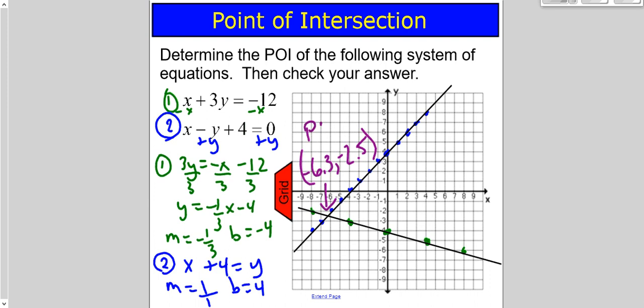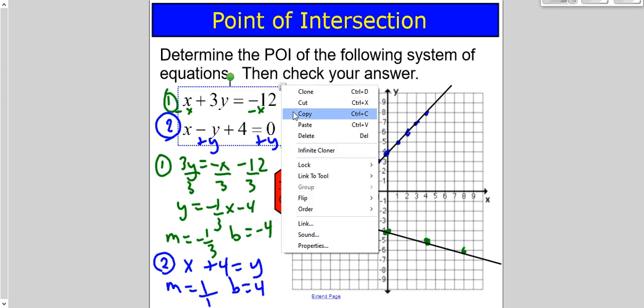Oh geez, this is why graphing and points of intersection drive me crazy from time to time, because I look at this and I want an exact value, and I'm just approximating by looking at where these two lines cross. And so what we'll see later on is how to get away from this.